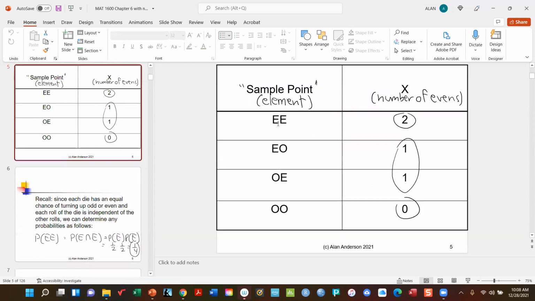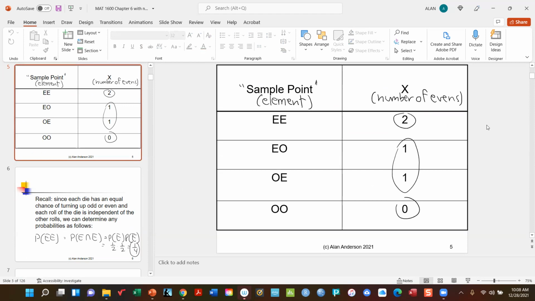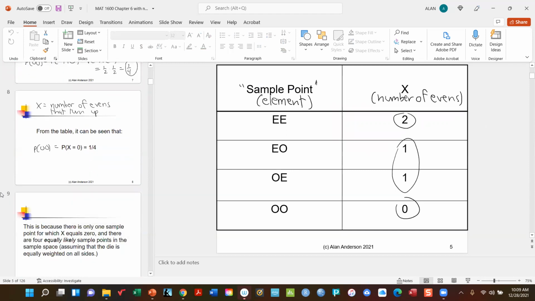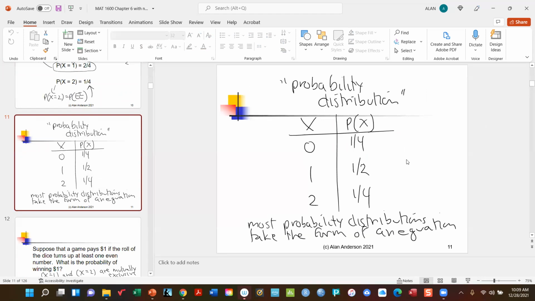We start by taking the outcomes of the experiment and turning them into numbers. And once we have numbers, we calculate probabilities for those numbers. Okay, so when we're done, we have a chart, here it is, which represents the probabilities of all the different possible values of X. This little chart is a very simple example of a probability distribution.